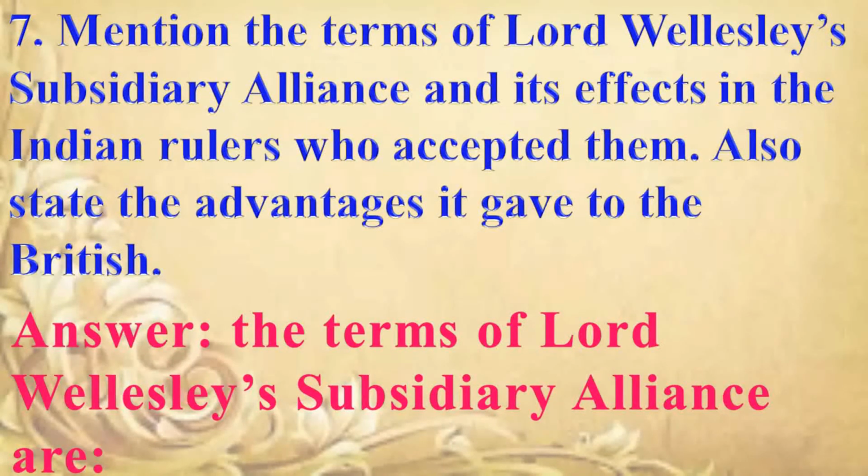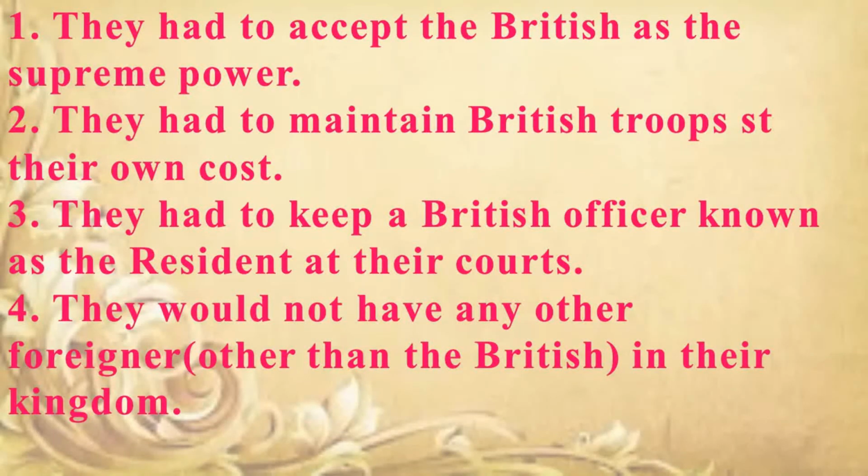Mention the terms of Lord Wellesley's Subsidiary Alliance and its effect on the Indian rulers who accepted them. Also state the advantage it gave to the British. Answer. The terms of Lord Wellesley's Subsidiary Alliance are: they had to accept the British as the supreme power.